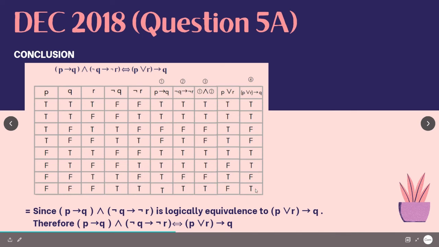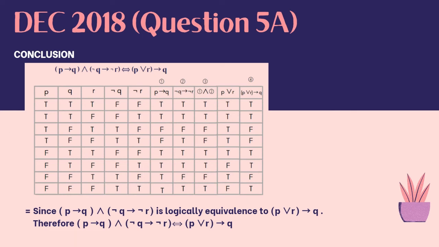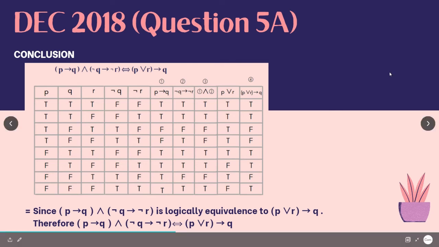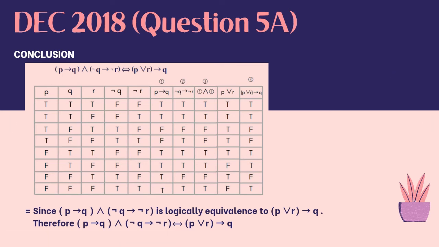So it's actually a logical equivalence. So the final conclusion: since if P then Q and if not Q then not R is logically equivalent to if P or R then Q, therefore if P then Q and if not Q then R is equivalent to if P or R then Q.